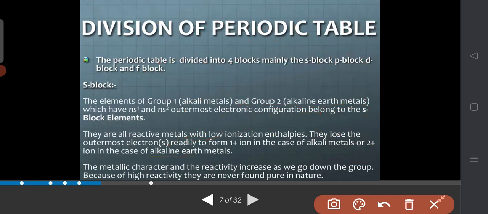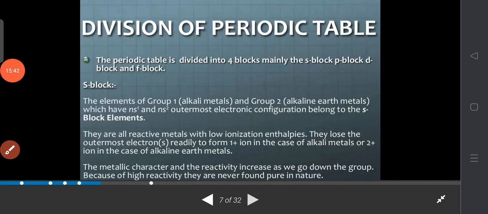Alkali metals have partially filled s orbitals, so that is why in group 1 they will have more tendency to remove the electron than group 2.